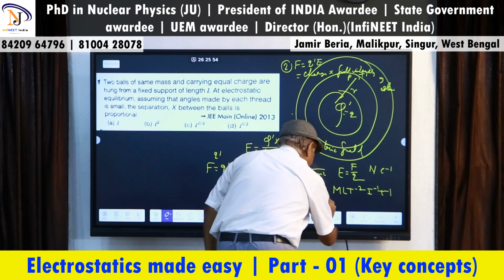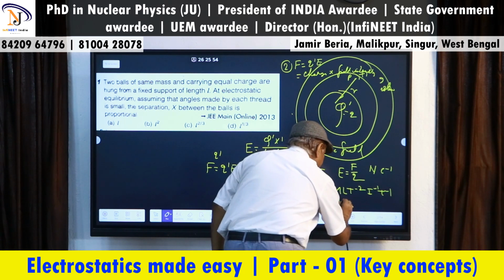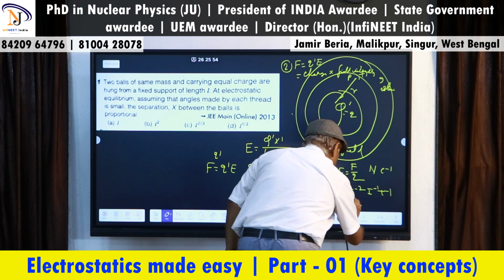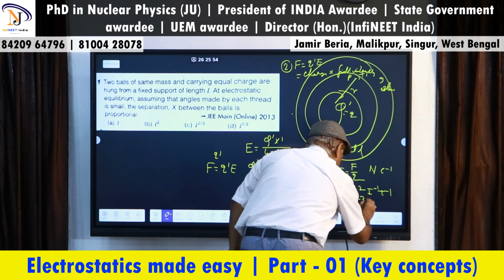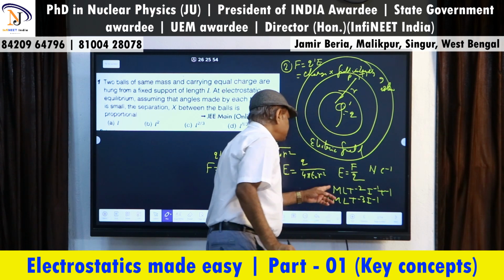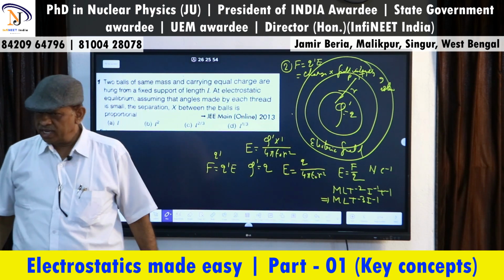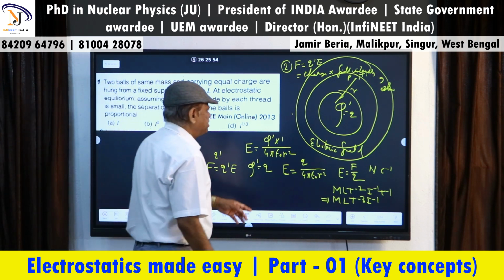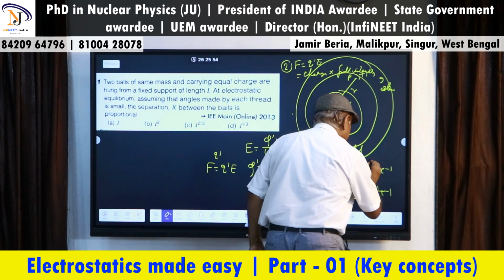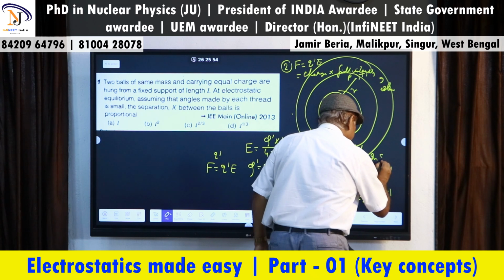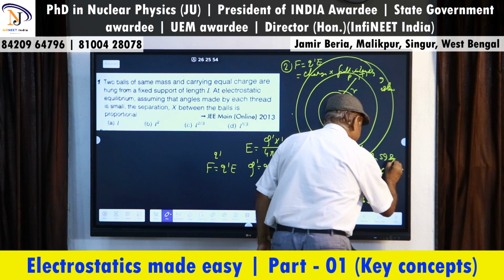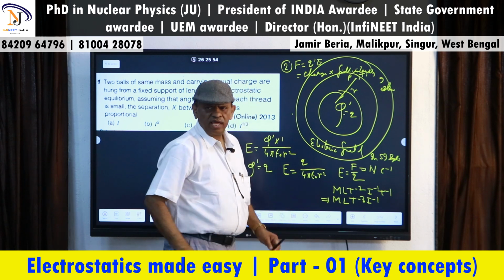So you may write M L T to the power minus 3, I to the power minus 1. This is the dimension of electrical field intensity. Okay, clear? And what is the SI unit? This is the second formula. Okay.